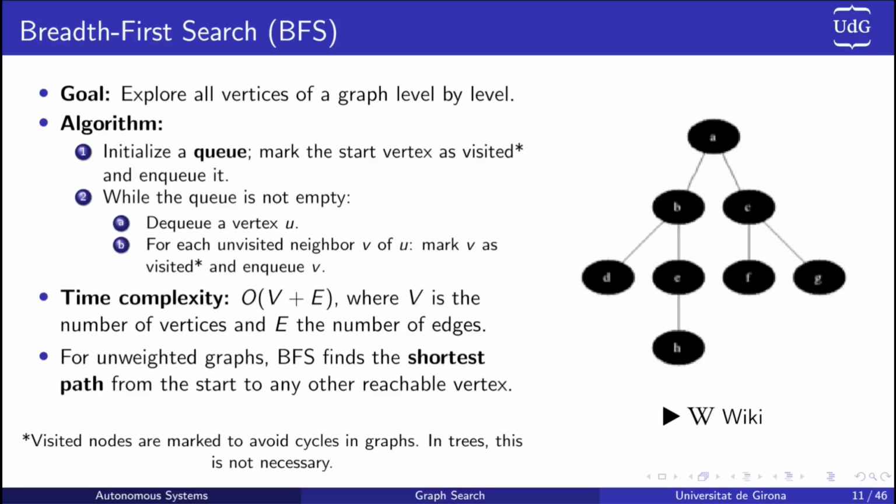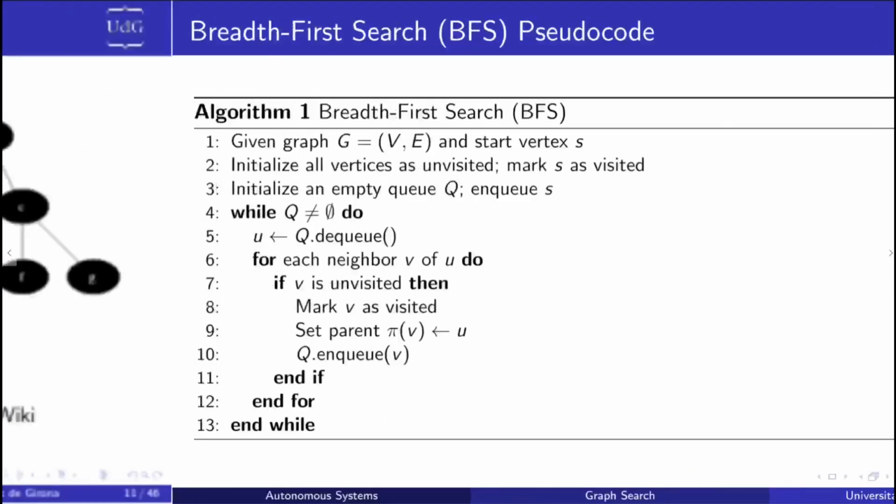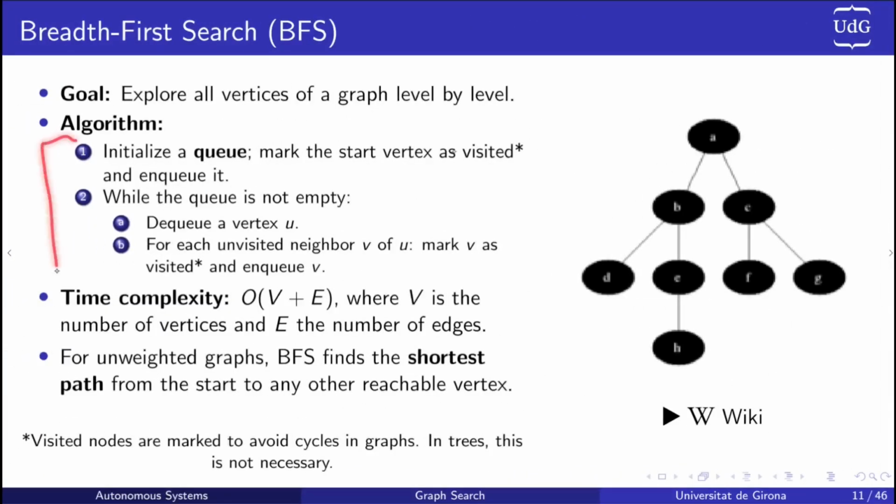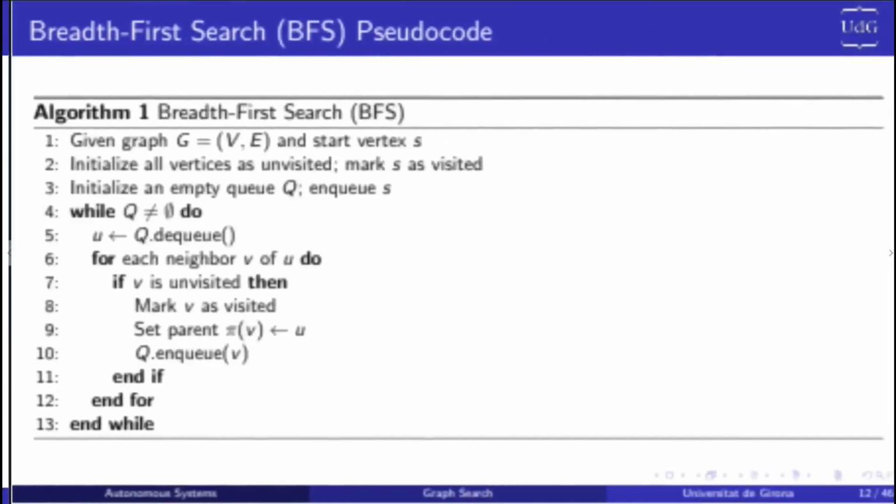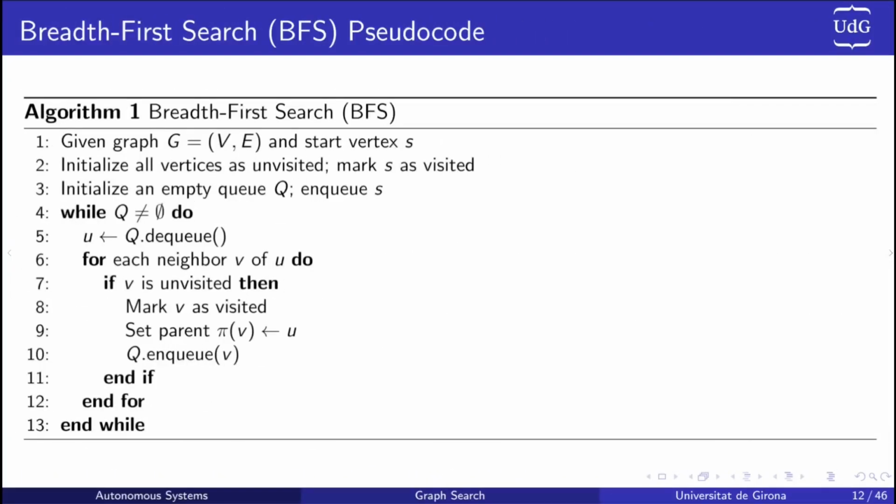Okay, let's see how the algorithm works. Here there is more or less an explanation of the algorithm just in words, but I prefer to use the pseudocode version. The idea is they tell us what the roadmap looks like. The roadmap is the graph, this graph.